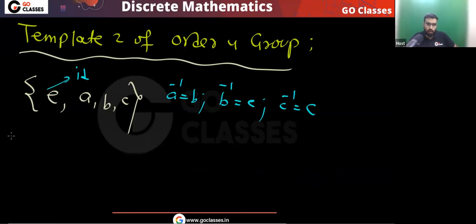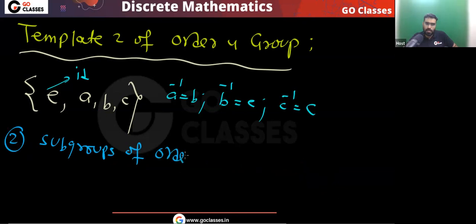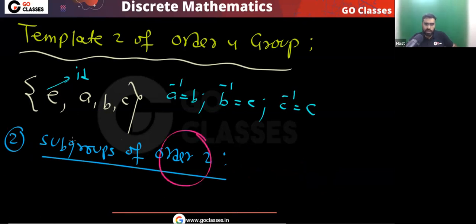How many subgroups of order 2 can you create here? You can easily notice that if you want to create a subgroup of order 2, first you take the identity element.